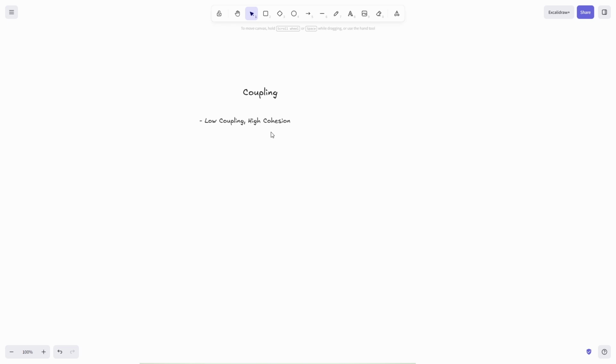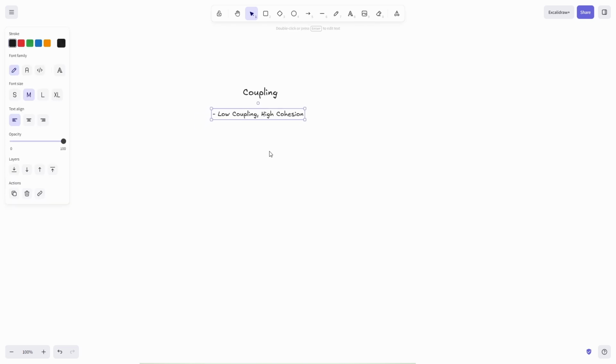With low coupling and high cohesion, what we want to achieve, generally speaking, is that components should not have this relationship of dependency between one another. They should be as independent as possible from one another, hence low coupling. But high cohesion means that things, generally speaking, that belong together, move together.